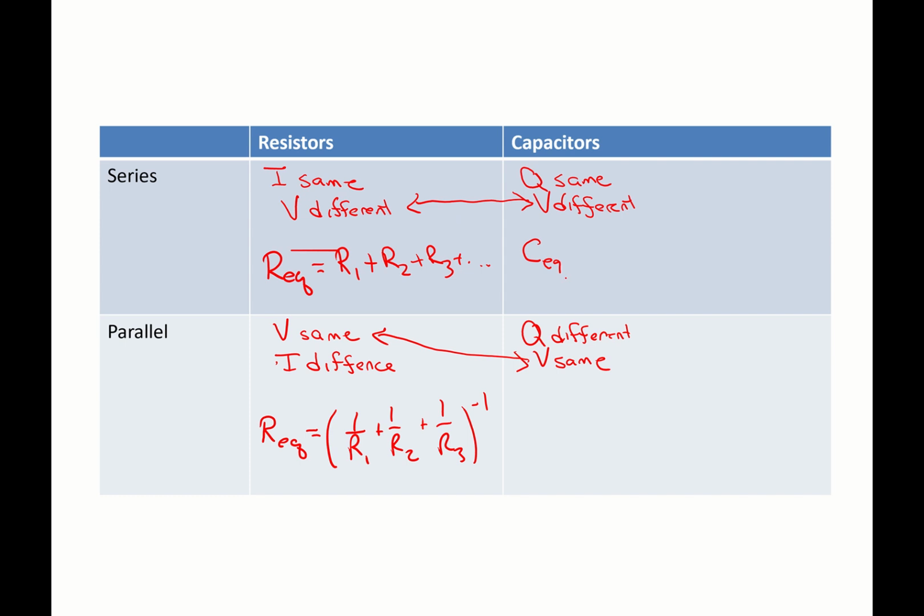Well, for capacitors in series, we add the inverses, and for capacitors in parallel, we add directly. So it's important to try to memorize this table. Make sure you know exactly how this works, because this is important for both concepts and for calculations for this chapter. So you really need to know all the points on this table for the test.